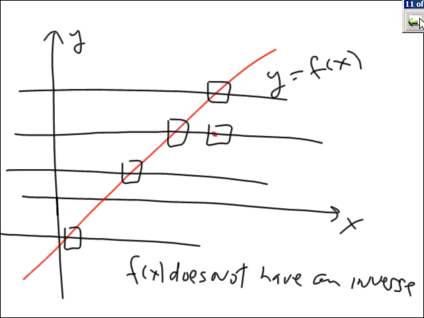There's only one horizontal line that crossed the graph in more than one place, and it was this line right there. This line crosses the graph in more than one place. It crossed it right there, and it crossed it right there.